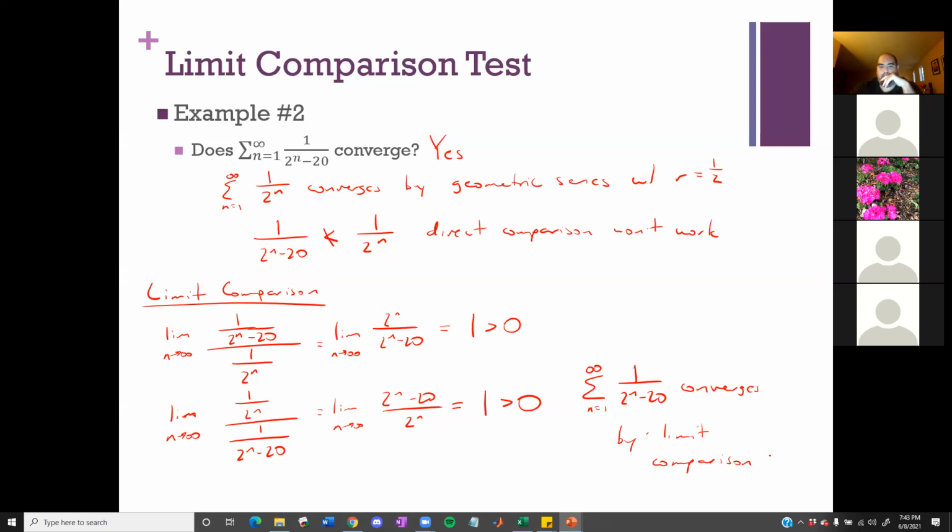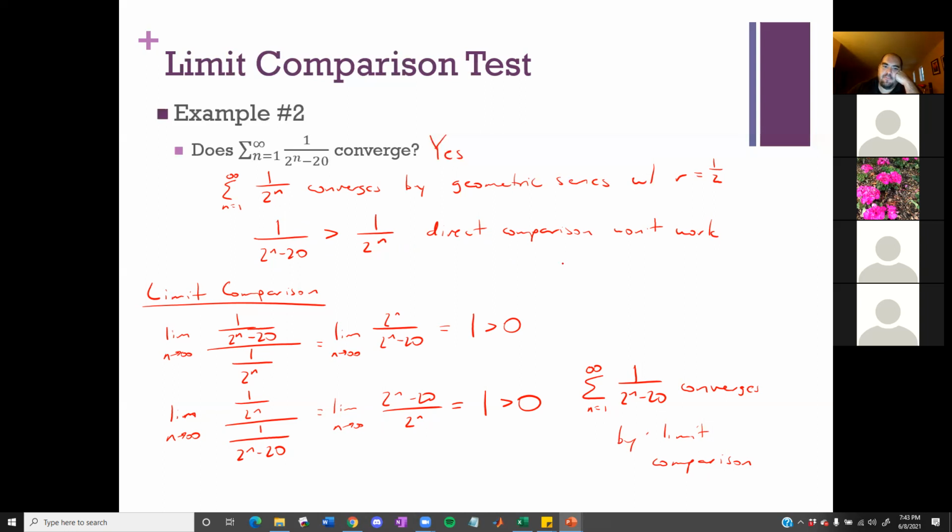Why doesn't the direct comparison work? Direct comparison doesn't work because this inequality doesn't go the way that I need it to. I know that 1 over 2 to the n converges, but the sequence I am trying to learn about, all of its terms are going to be larger.